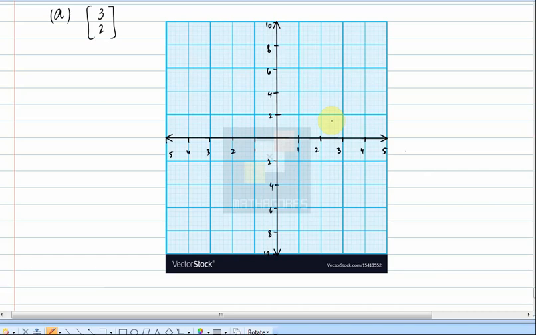So if we talk about 3 and 2, that means on the x-axis it is 3 steps and on the y-axis it's 2 steps. So it's starting from this point till this point. That is the first column vector.